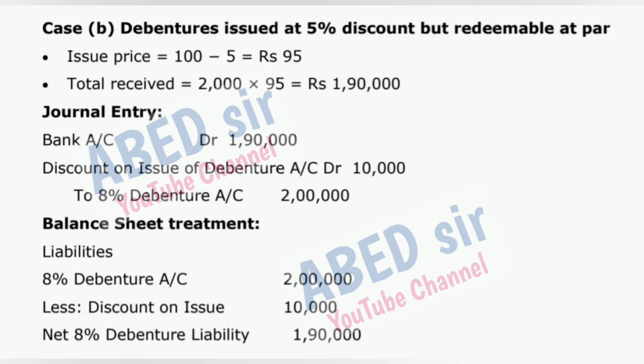Discount on issue of debenture A/c Dr 10,000. To 8% debenture A/c 2 lakhs. Balance sheet treatment. Liabilities. 8% debenture A/c 2 lakhs. Less discount on issue 10,000. Net 8% debenture liability 1,90,000.